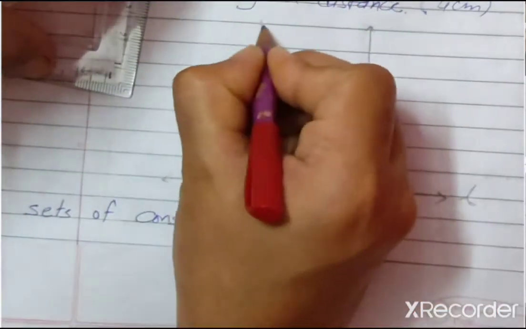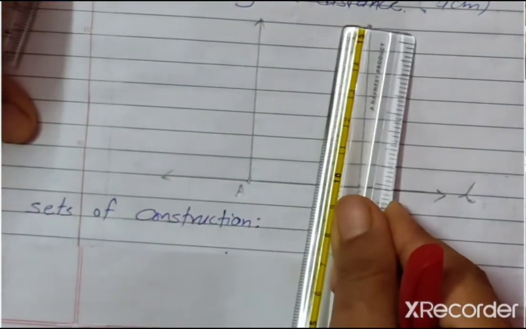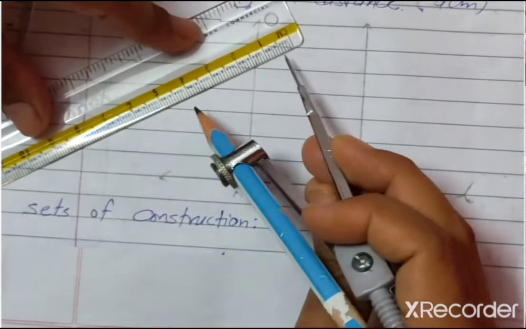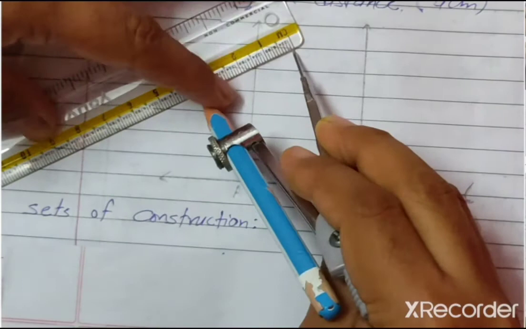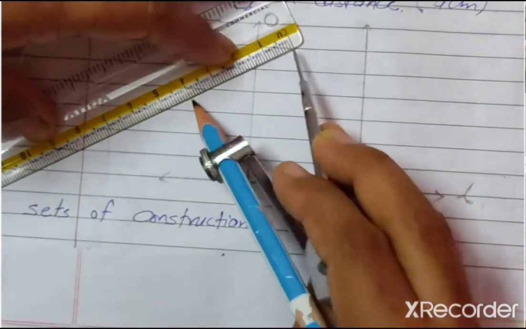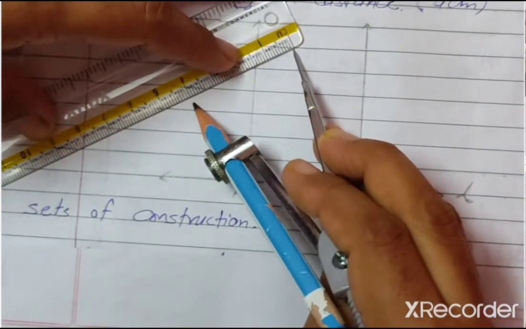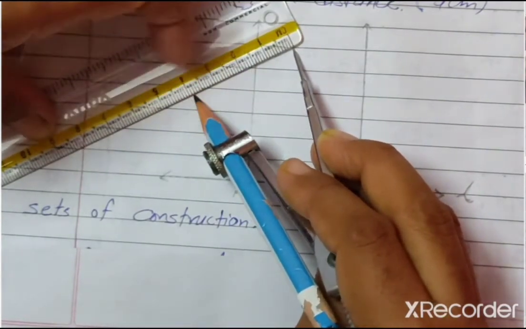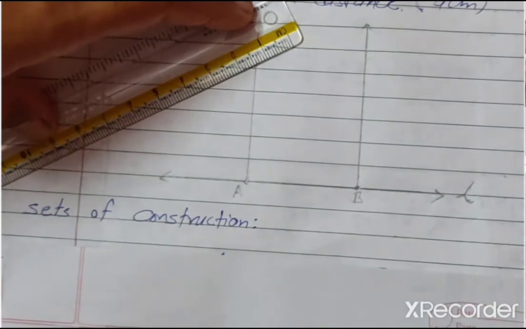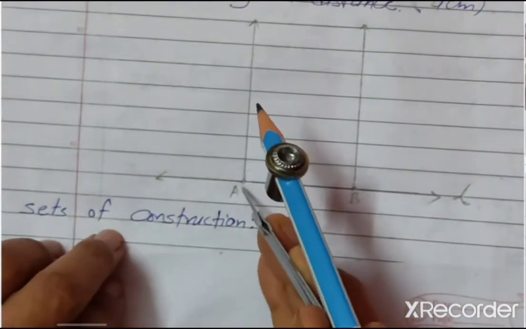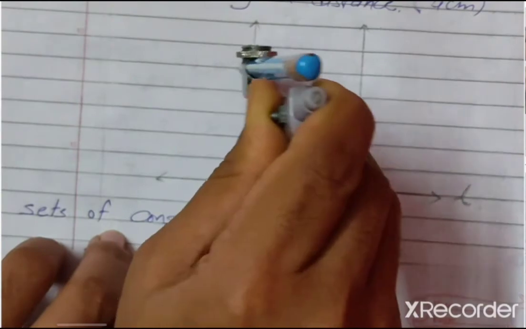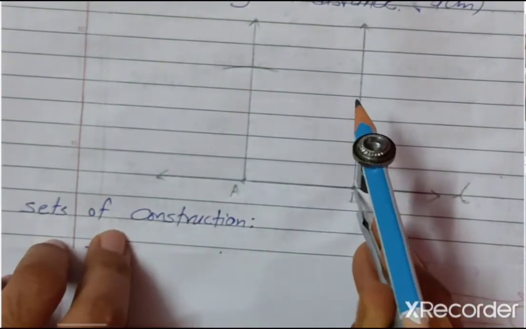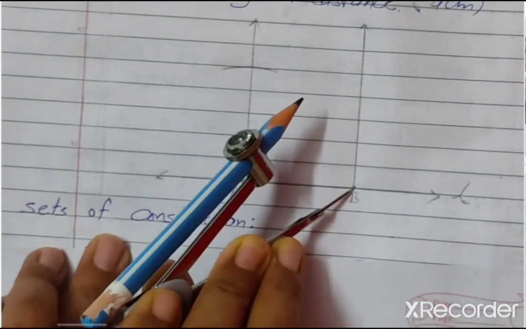Now take this distance 4 cm in your compass. So here I am taking 4 cm. Make a first mark of 4 cm, and the second mark likewise.